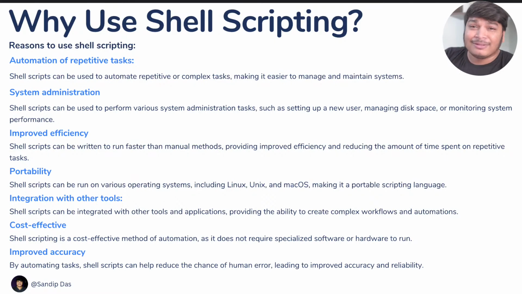Now next, system administration. A shell script can be used to perform various administrative tasks, such as setting up a new user, managing disk space, and monitoring system performance. Monitoring system performance is one of the most important, because for example, you are running an application, and you need to know how much CPU you need, how much RAM you need, how much memory or disk space you need.